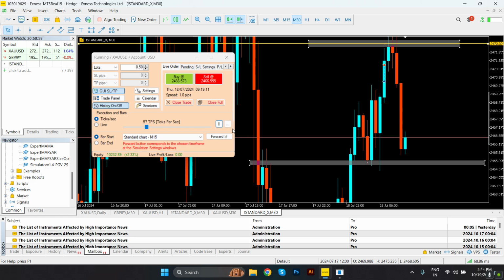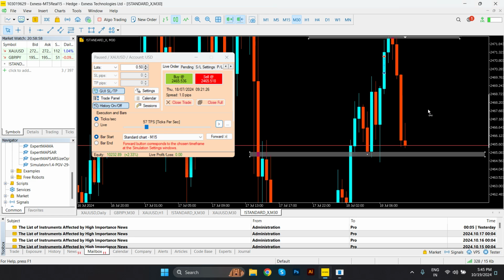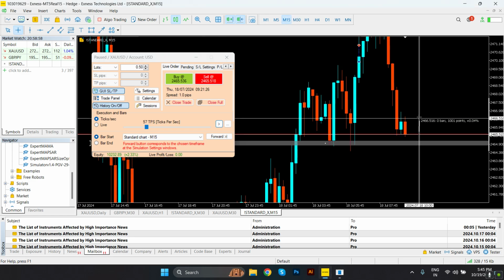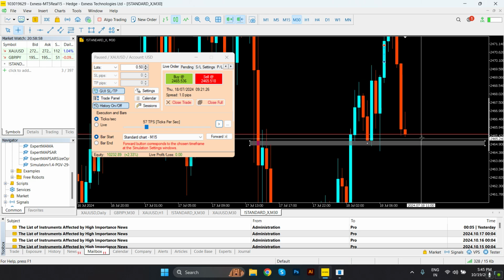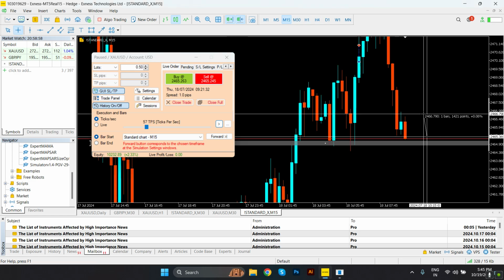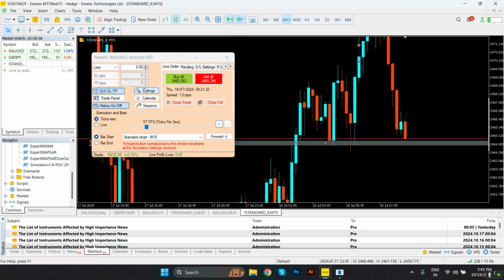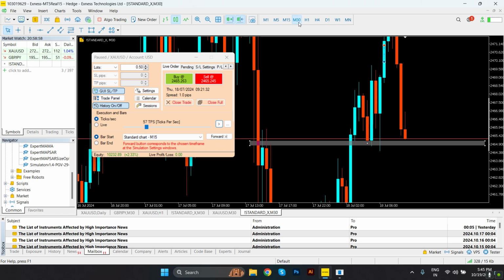All you have to do is wait for that perfect scenario for price to print. Okay, we're breaking the lows here. If we break this low in the second half, the probability of price going down becomes high.